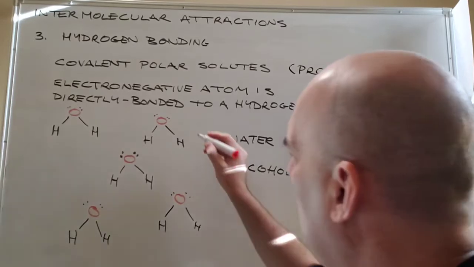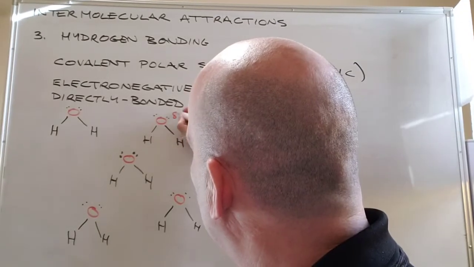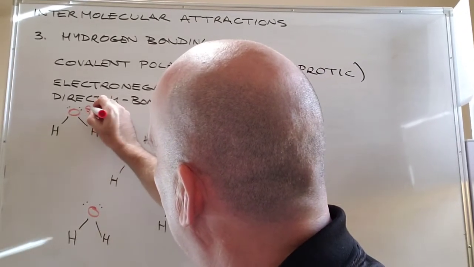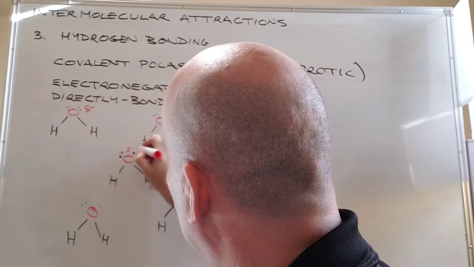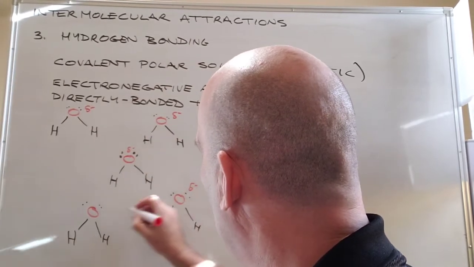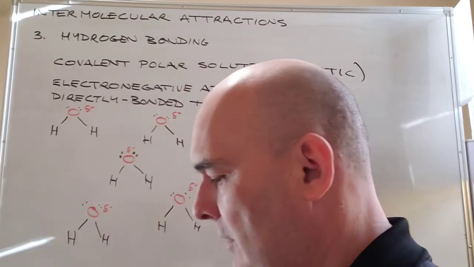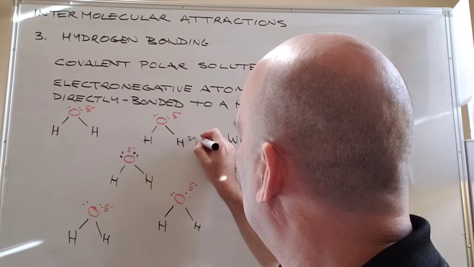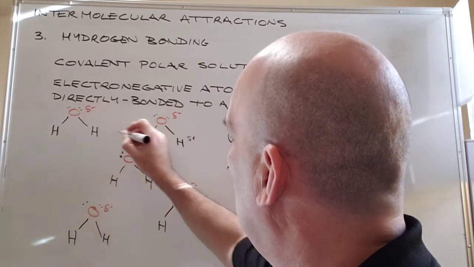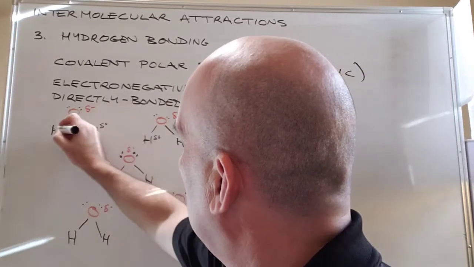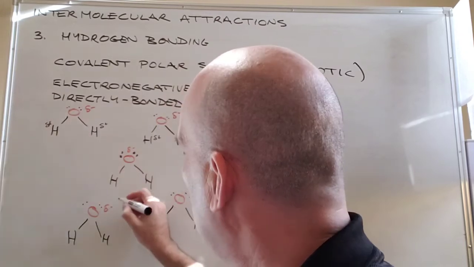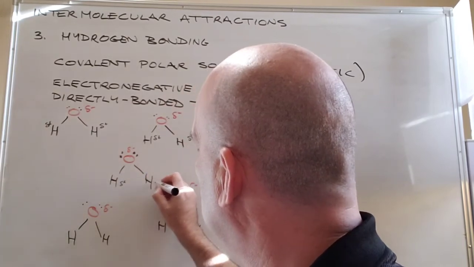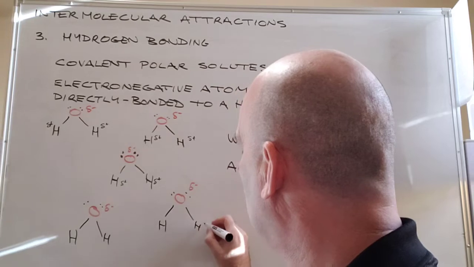So not only are all of these oxygens negative a little bit, and all of the hydrogens positive, what I also have, I have lone pairs of electrons on the electronegative atoms.